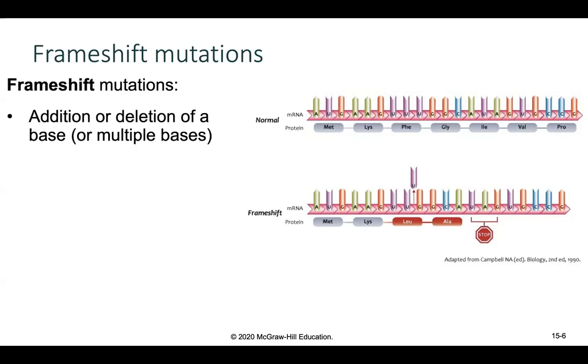And then, because that G has shifted over, the next 3 are different as well. So rather than reading that GGC, it's now all shifted over by 1. Good question. The mutation is that addition or deletion, and the result is that everything else is read differently because the grouping will be different after that.